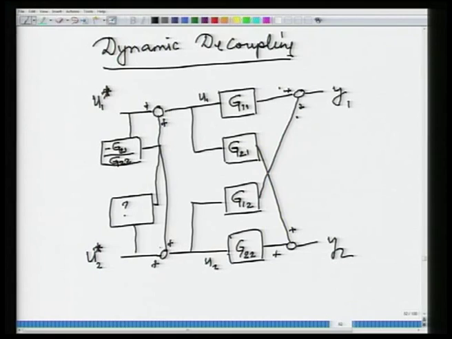If this is going up as a step, this signal will be g12 times u2. So, this signal has to be negative of that. In order for this signal to be negative of that, this should be minus g12 by g11. That is what goes in here: minus g12 by g11.